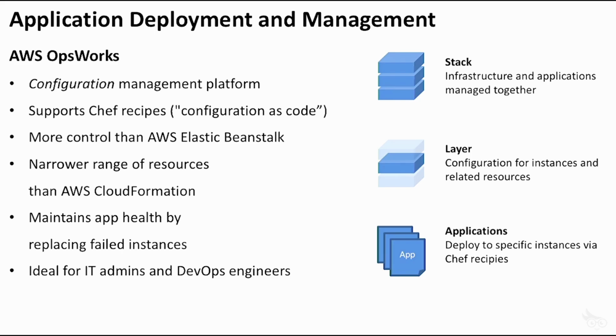And then giving us more convenience but slightly less control is AWS OpsWorks. Now, OpsWorks is somewhat similar to Beanstalk in that it is an application or what we might call a configuration management platform. It's still going to give us a high degree of convenience, but a whole lot more control than we get with Elastic Beanstalk.